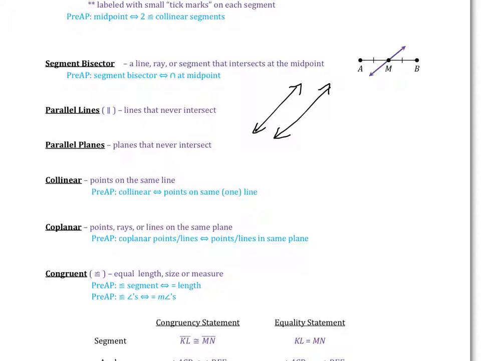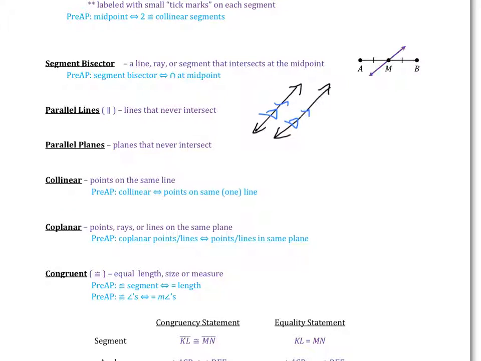And we can use either a V or a whole triangle on the lines to show that those 2 are related. They're parallel. They never intersect. Parallel planes are planes that never intersect. For example, the floor and the ceiling of a room would be parallel planes.